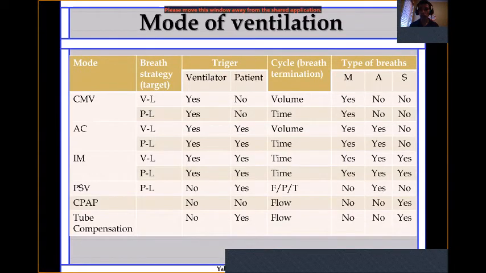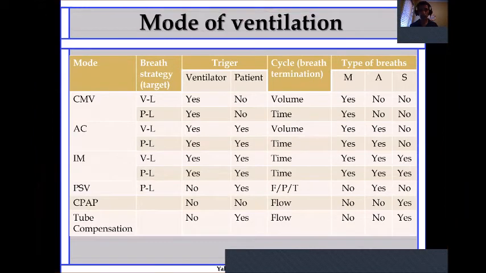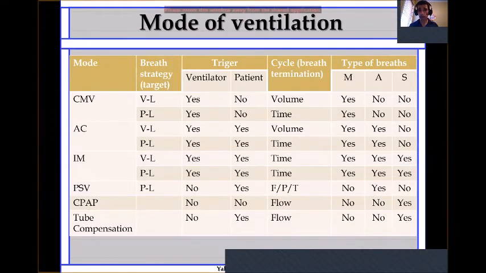Now, intermittent mandatory ventilation can be synchronized or asynchronized, so it can be SIMV or IMV. Are there two types? Yes, it can be volume limited or pressure limited. Is the ventilator triggered? The answer is yes. Is the patient triggered? The answer is yes. How do we control both of them? Using time.